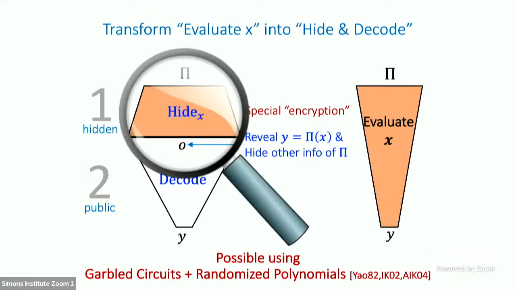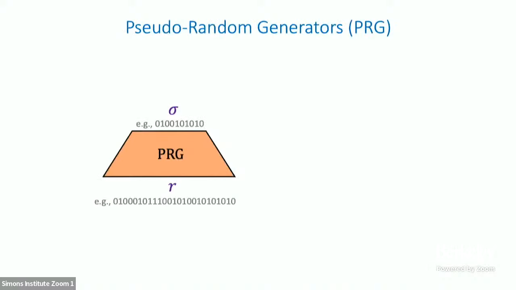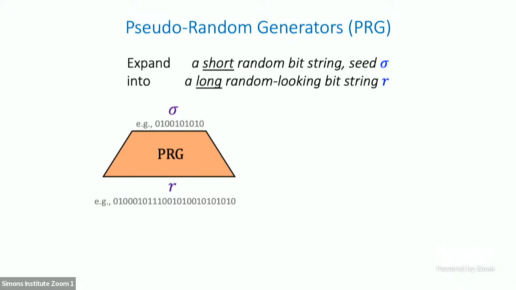And now, if we look closely into the hide procedure, we see that the most crucial step inside it is evaluating a pseudorandom generator. What is a pseudorandom generator? It's one of the most basic and fascinating tools in cryptography, which allows us to expand a very short, truly random bit string, which we call a seed, into a much longer output that looks random. We really want the output to be much longer than the input.